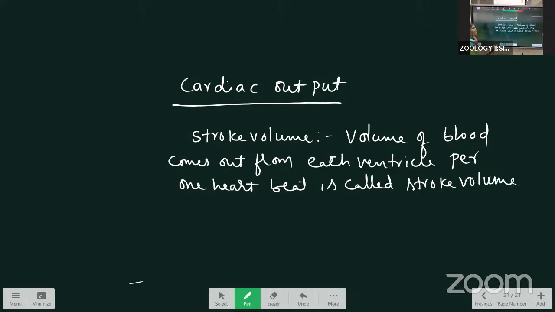Normal healthy persons have a stroke volume of 70 ml. Means per one beat, 70 ml of blood.